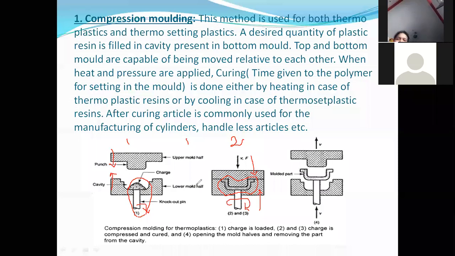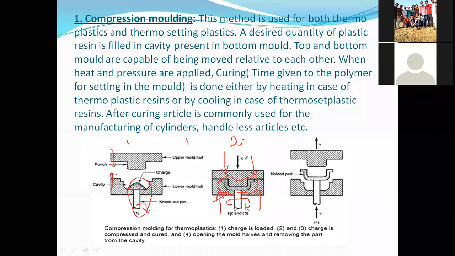Then simultaneously I'm applying temperature followed by pressure. What is the temperature? The temperature is applied with the help of a high thermal element. I would like to use a heater. Heat the plastic. Then what will happen? When we heat the plastic, it converts into the molten state. After converting the plastic into the molten state, combine the upper half and the lower half.